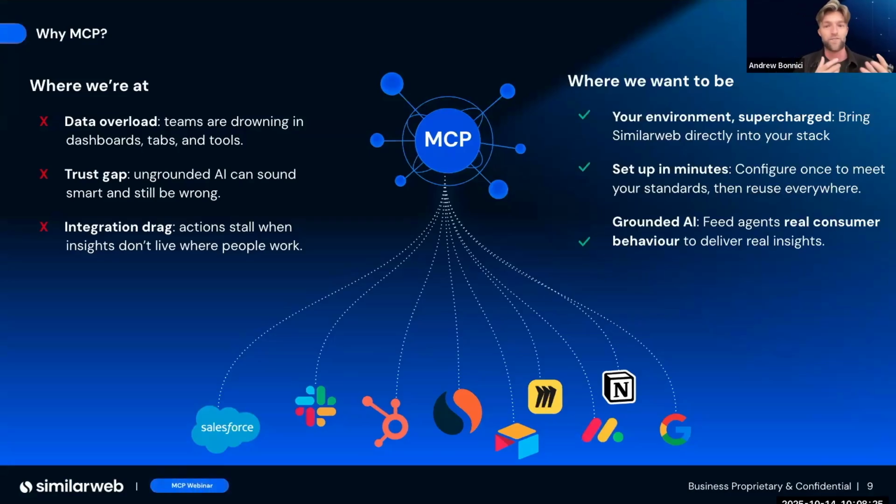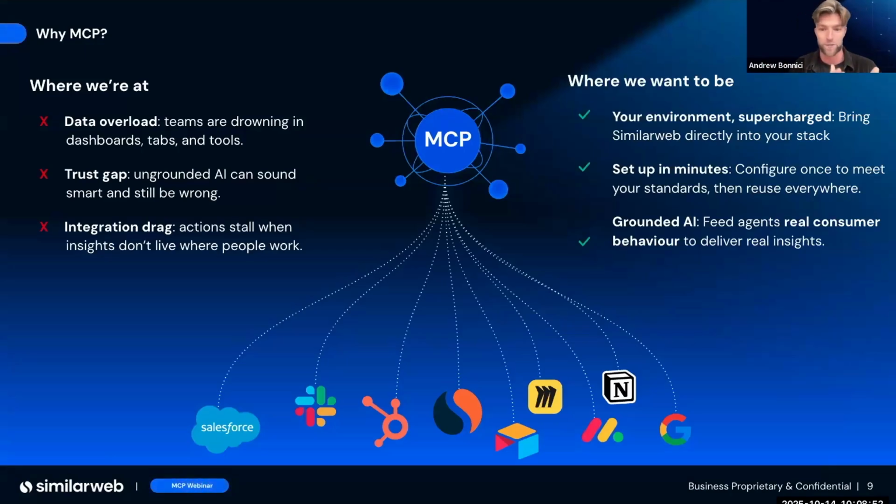And then there's what I call this kind of integration drag, right? Insights get stuck because they don't live where people work. It might be in a dashboard that no one checks or a tool that isn't connected. So these actions stall. Now, where we really want to be and what MCP enables is we want the data to work with us, not against us. So we want existing environments and workflows to be supercharged with data that matters.